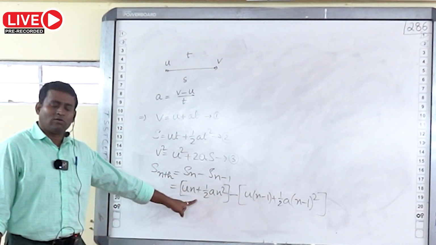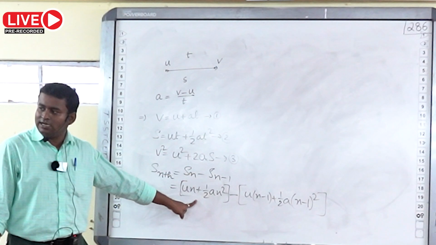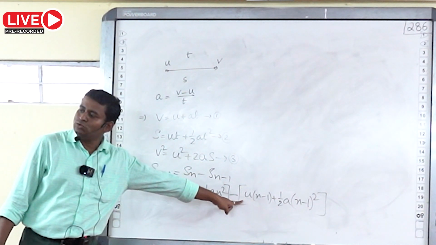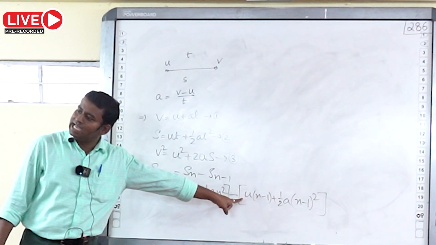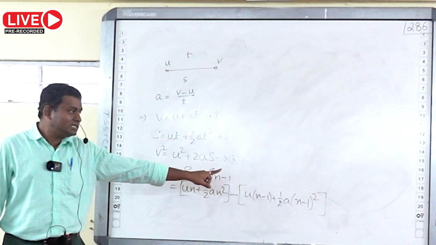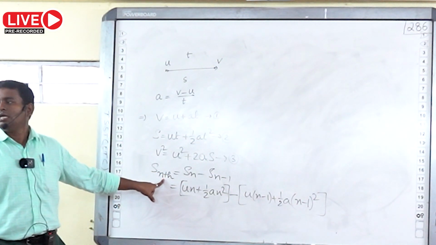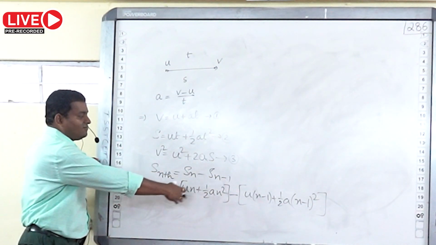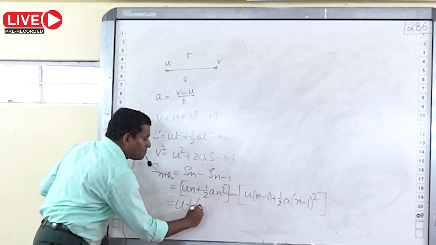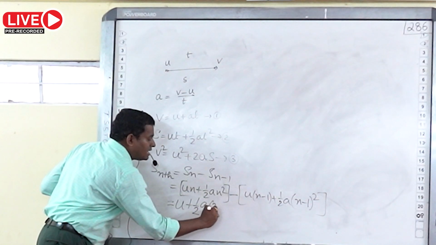Like distance covered, suppose n is 10, so distance covered up to 10 seconds from 0, and distance covered up to n minus 1, that is 9 seconds from 0, then you are taking the difference, meaning you are getting the distance traveled in the nth second of the motion. And if you calculate this one, it will come u plus half a into (2n minus 1).